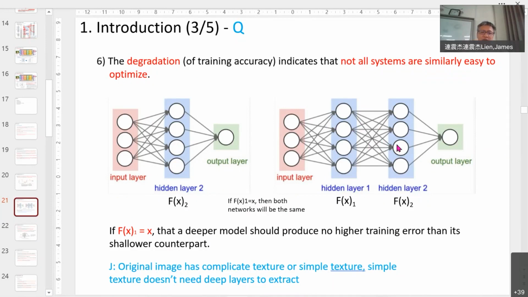So here they try to tell you how can I, if this is the input, how can I keep the original information to here? That's what I'm trying to tell you, because if we can keep more original information, actually it's better.